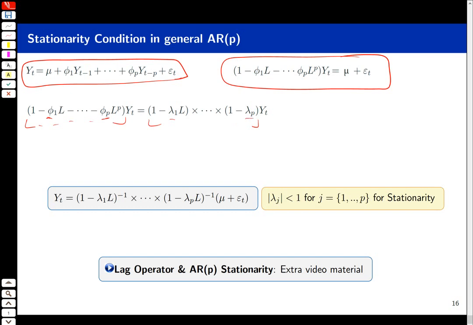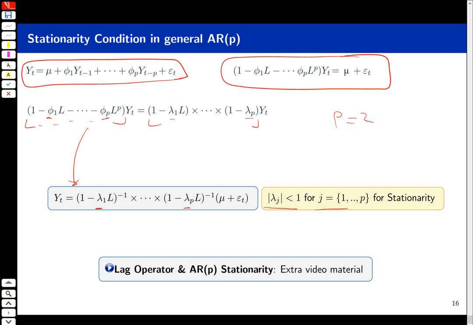To see why we need this condition for stationarity, why both of these roots have to be less than 1 in absolute value, take the case where, suppose not. Suppose for example the second root was 1.